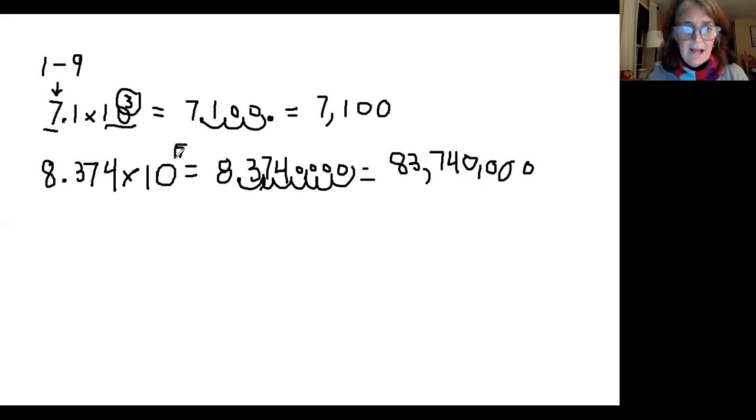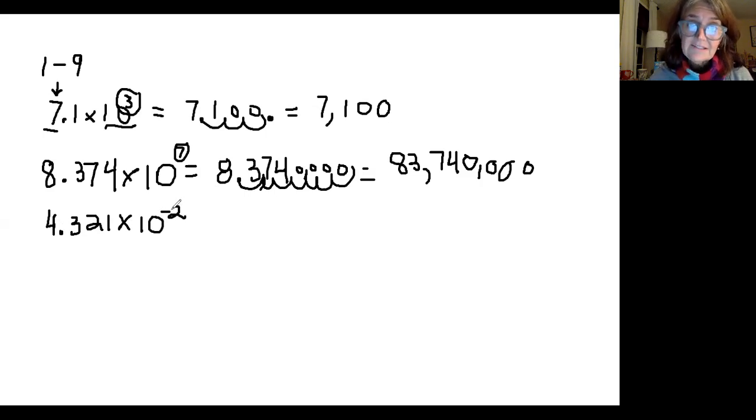Now these were positive numbers, positive exponents. But what if you had a negative exponent? What if we did the number 4.321 times 10 to the minus 2? Well, the minus now is telling us to move this decimal place 2 to the left.